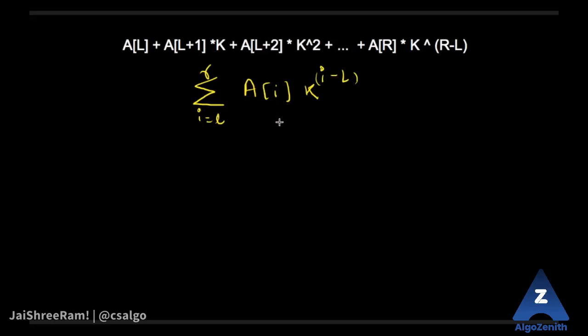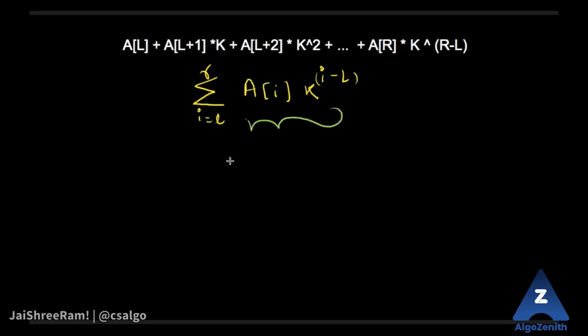Now, if we look closely at the term inside the summation, we can notice that we can somehow decompose this to extract out the query part from it. The only thing that depends on the query is this L, right?